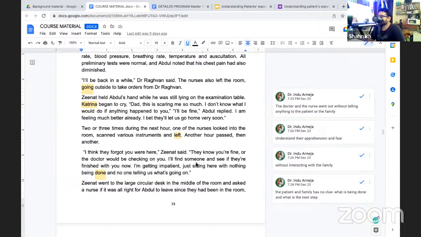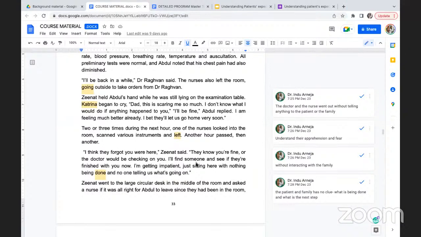I bet they'll let us go home very soon." 2 or 3 times during the next hour, one of the nurses looked into the room, scanned various instruments, and left. Another hour passed, then another. "I think they forgot you were here," Zeenat said. "They know you're fine, or the doctor would be checking on you. I'll find someone and see if they are finished."